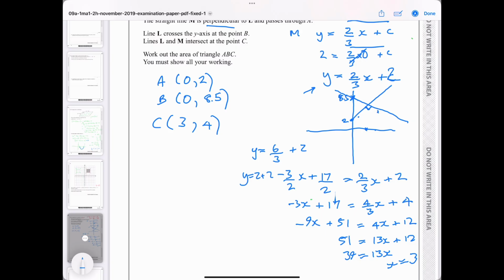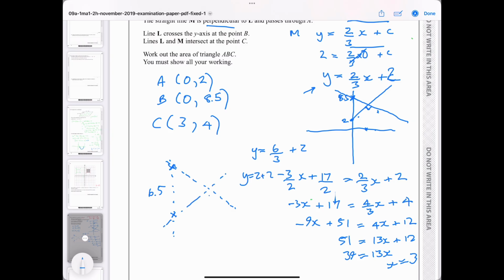And I'm going to plot these in my head. So 0, 2 is A, 0, 8.5 is B, so that's 6.5. And then C is the intersection of this and this, so that would be that way, and that would be that way.